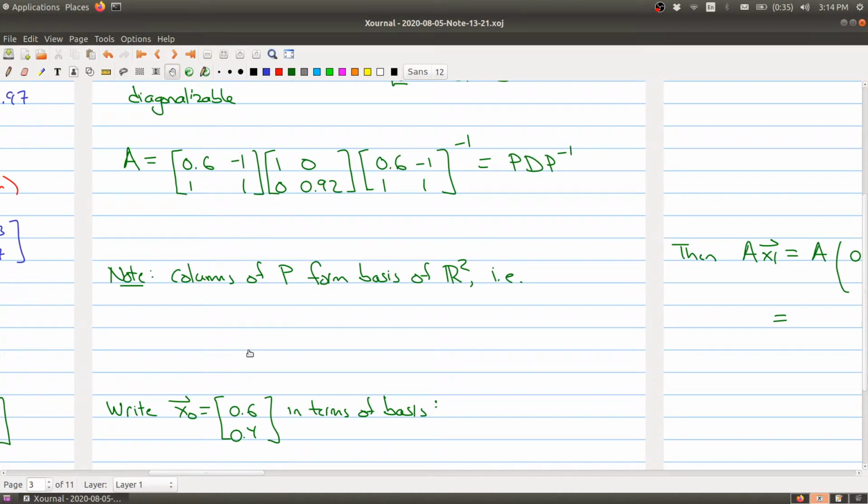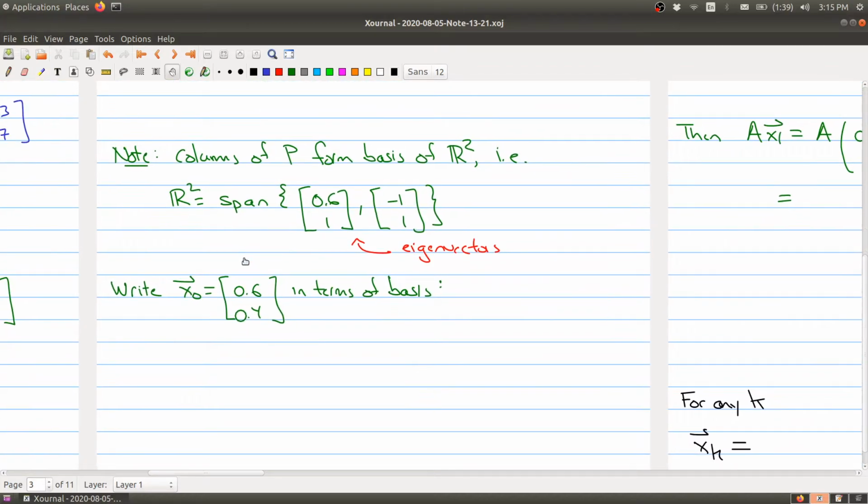Since they form a basis for R2, R2 can be written as the span of the first vector and the second vector. And remember that these are actually eigenvectors, because when we do the diagonalization, the columns of the matrix P come from the eigenvectors corresponding to the eigenvalues. That's going to be important for what goes on later.